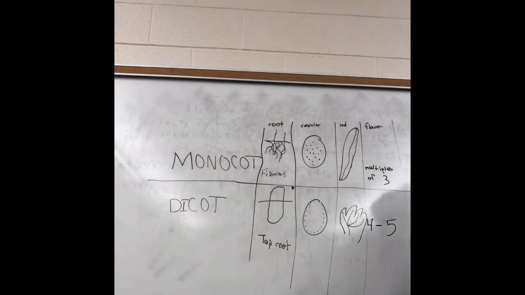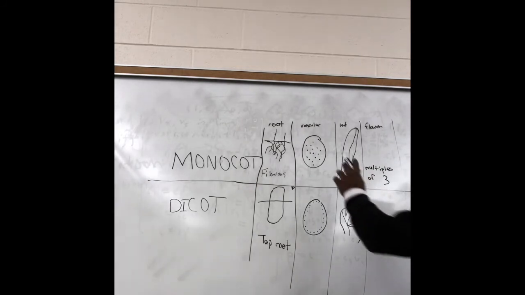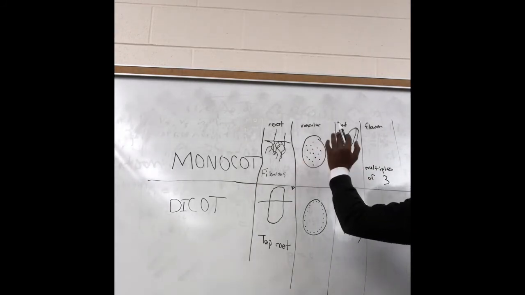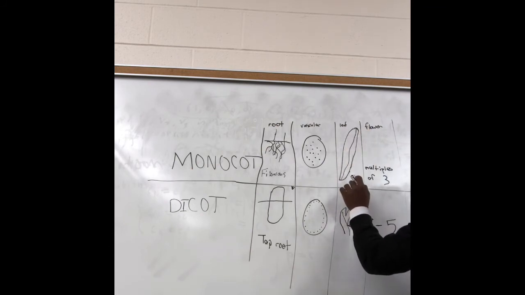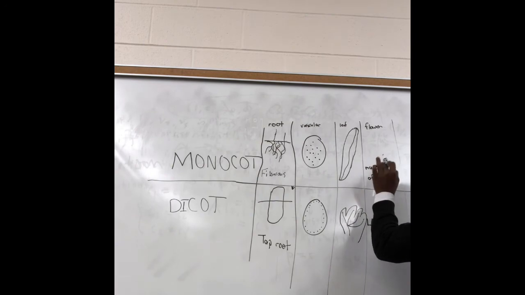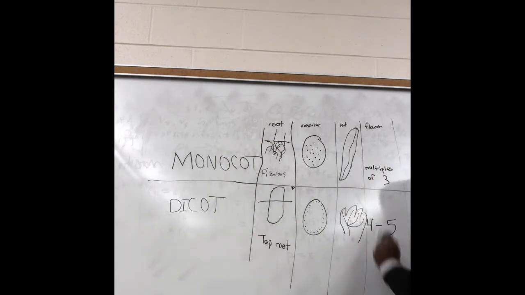So what we're going to do before you see the final product, we're going to hurry up and just recap what we've learned. A monocot has a fibrous root system. A monocot has a spread out, wild vascular system. A monocot has a single vein leaf, and the flower of a monocot comes in multiples of 3.